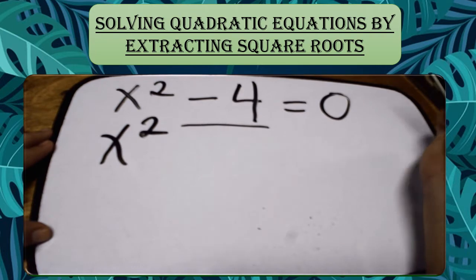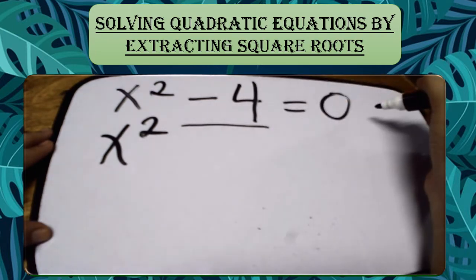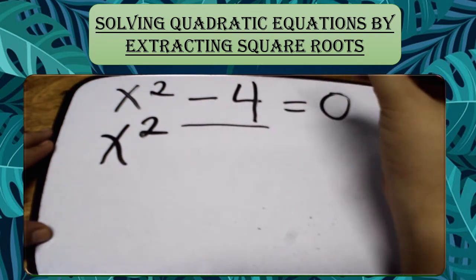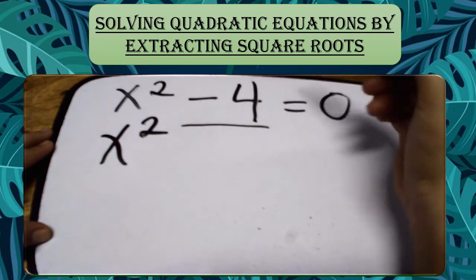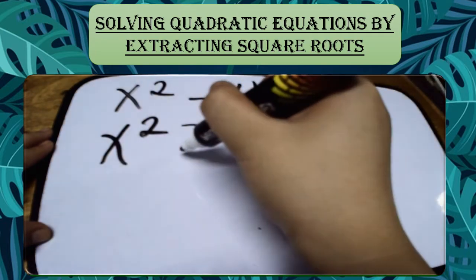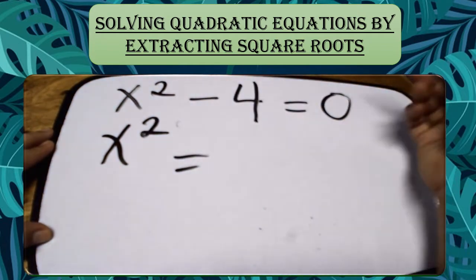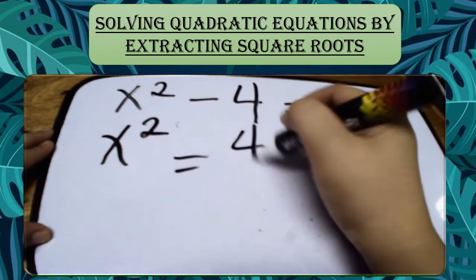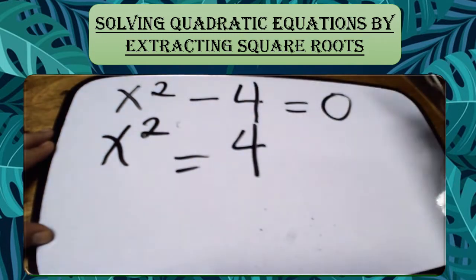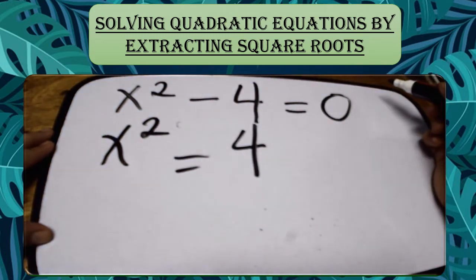Remember, when we transpose negative 4 or any number, the sign will change. So negative 4 will change into positive 4, and we have x squared is equal to 4.